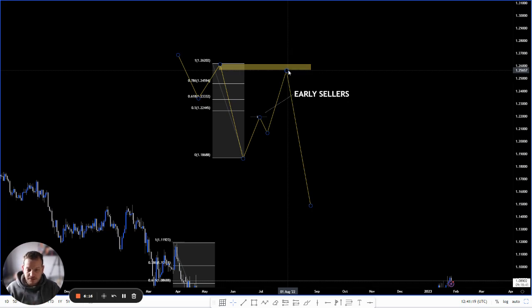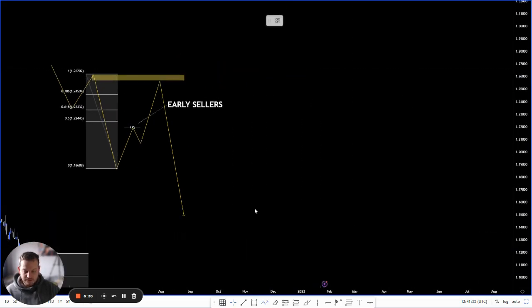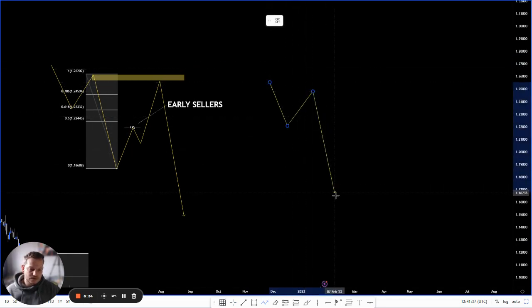Just when it gets into the 50%, the discounted 50%, in this case, because we're selling, you want to be looking for lower lows and lower highs. As soon as it gets past the 50%, you want to see something like this.